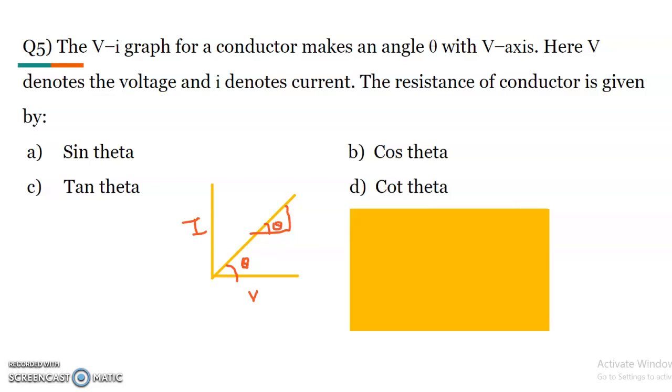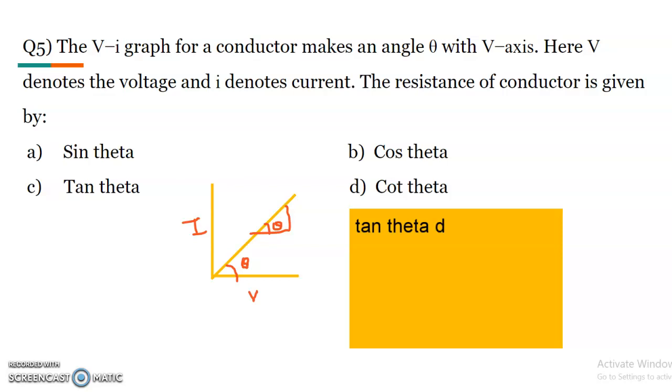Now from this graph, let us start writing our interpretation. We are going to write that tan theta is equal to the slope of the line, which is delta I by delta V. The question is how the resistance of the conductor is denoted, so we also have to use a little Ohm's law here.